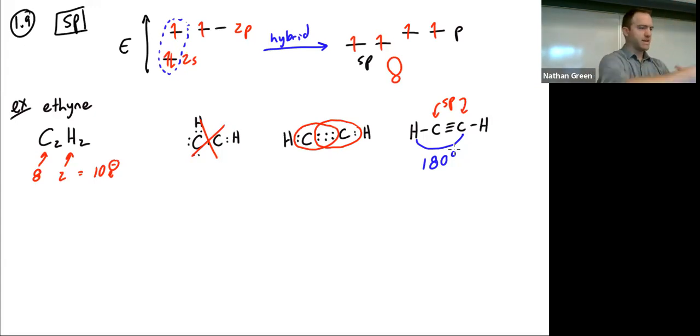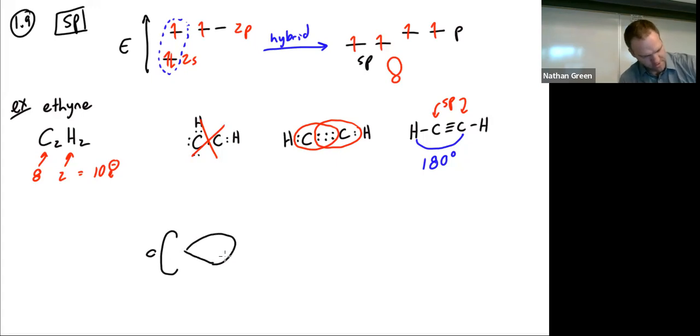So when you look at it from the side on, it's going to be p orbitals like this, p orbitals like that. So if you look down the barrel of this thing, you're going to see a p orbital going one way and a p orbital going the other way. I'm going to attempt to draw that for you. Draw it nice and big on your page because it's a mess. There's a carbon.